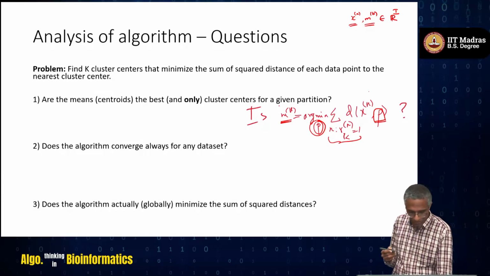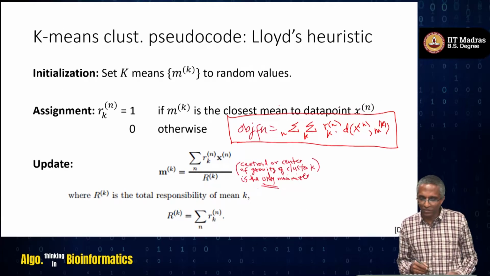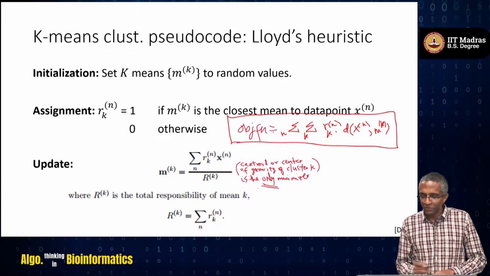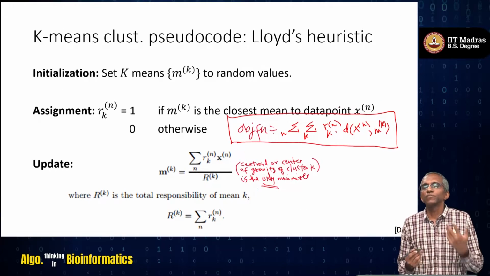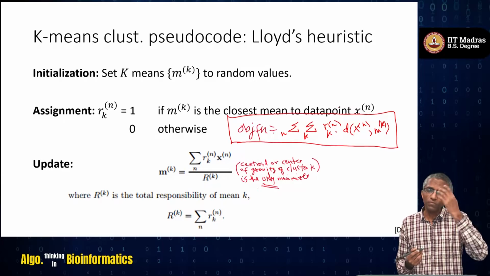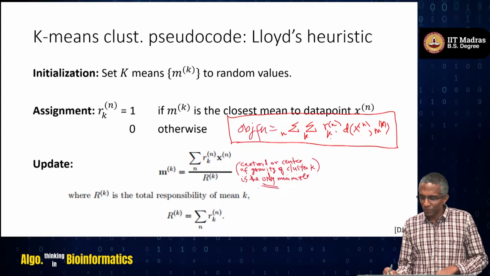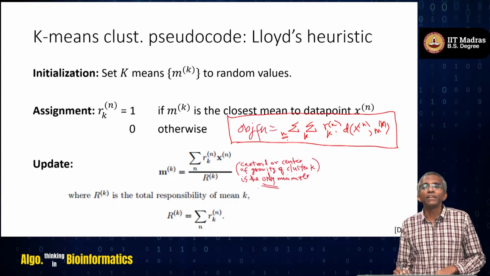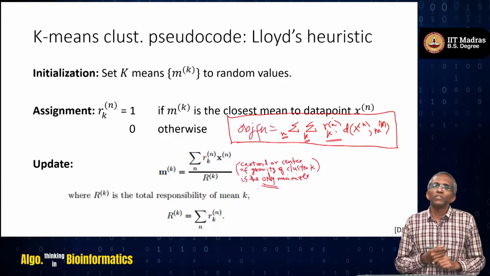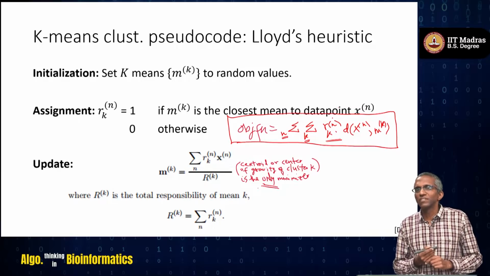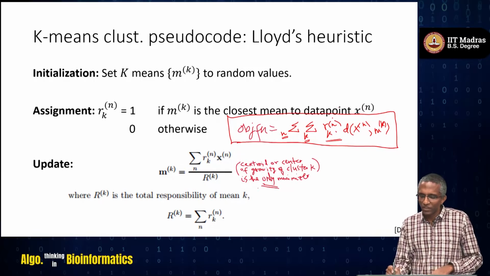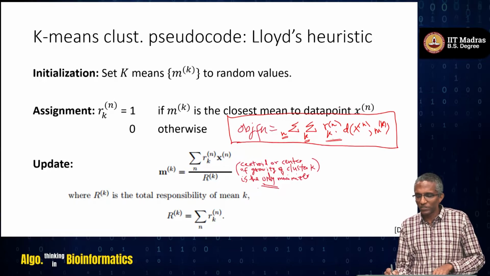And the way to see that is using this objective function. When we look at our objective function, it is the sum of squared distances of every data point to the nearest cluster mean. If you want to write it out this way, you go over all the data points, sum over n, and then you go over all the cluster centers, and this R_k of n is only going to be 1 for those data points for which the cluster center k is responsible, otherwise it is 0.